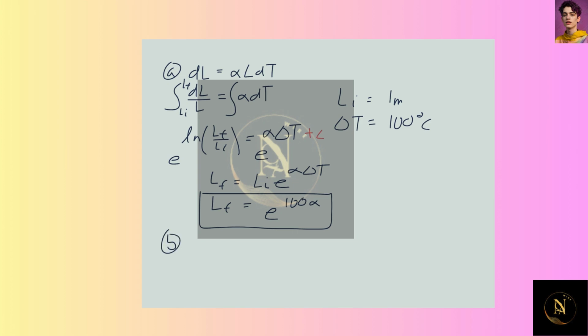Okay, now let's find some errors. First, alpha is equal to 2 times 10 to the negative 5. So on this left side, we can find the approximation, and this one we can find exact.